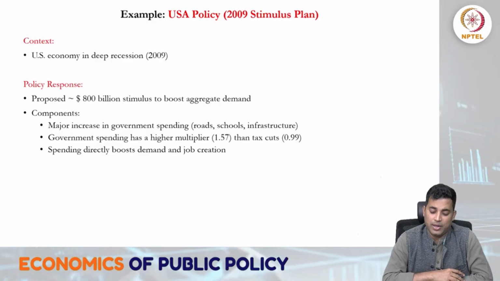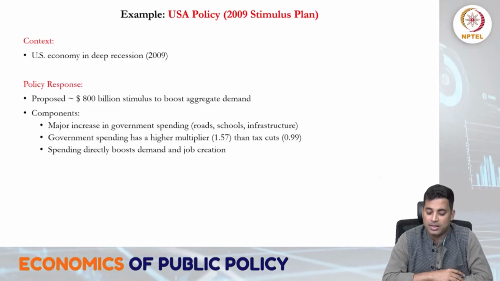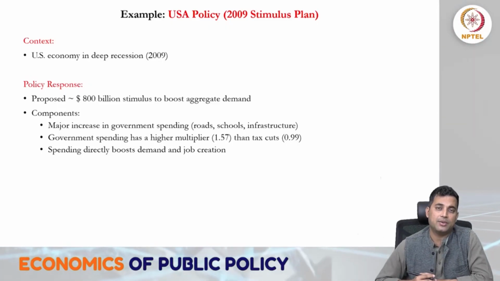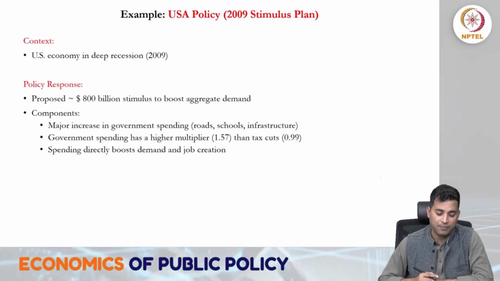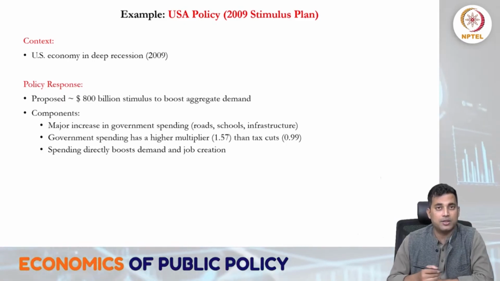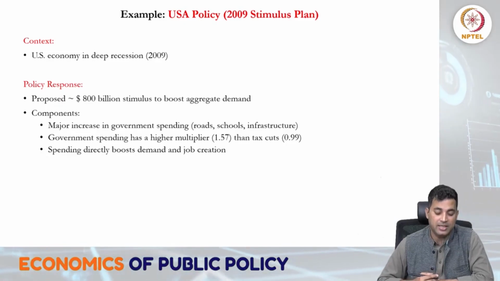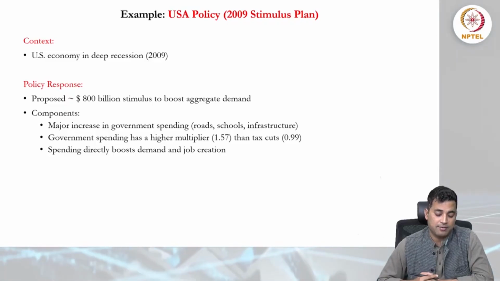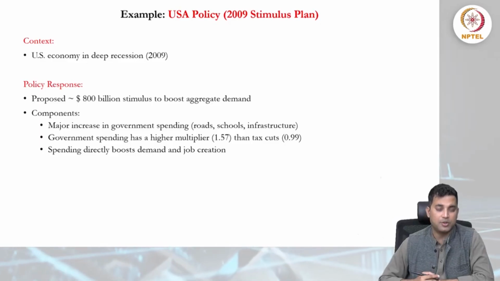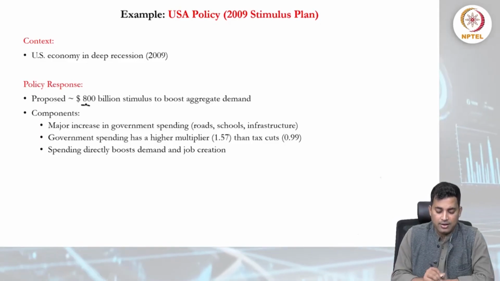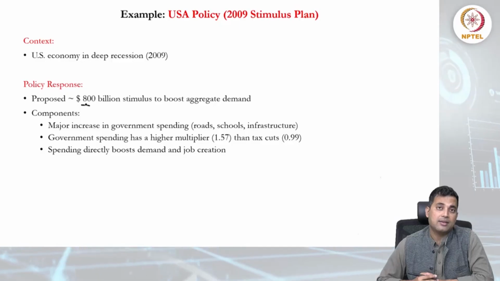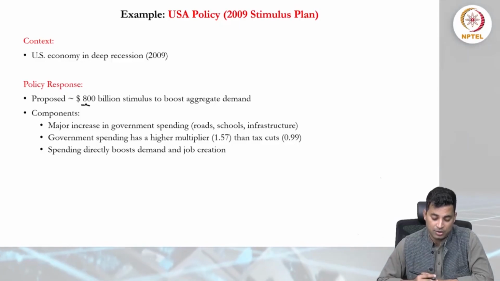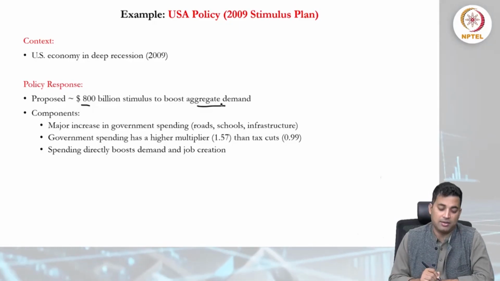Take the example of US policy and the 2009 stimulus plan. Some people say it is Obama's policy. The policy response to recover from the deep financial crisis of 2007-2008 in the US was an 800 billion US dollar stimulus to boost aggregate demand.